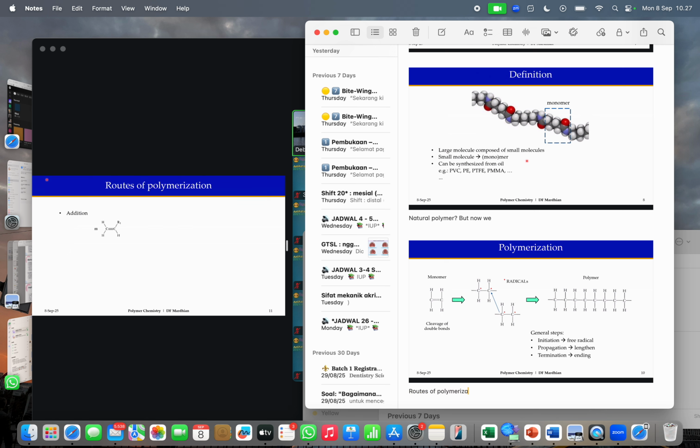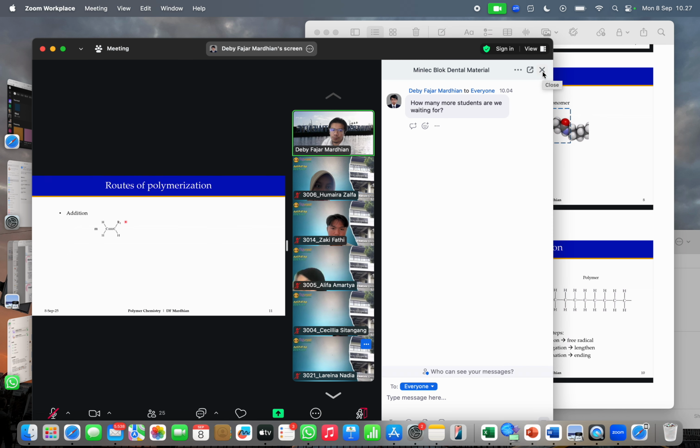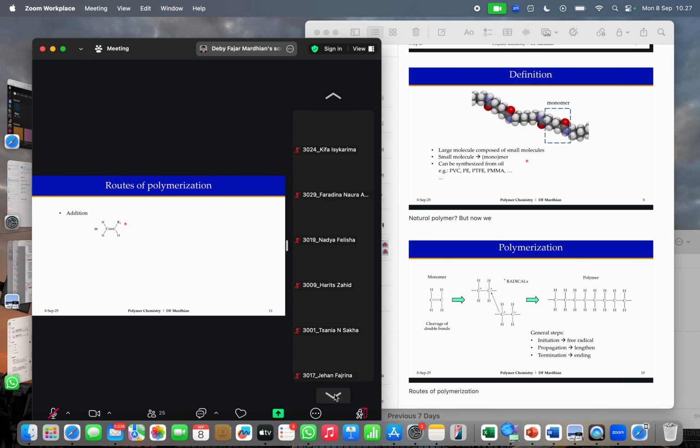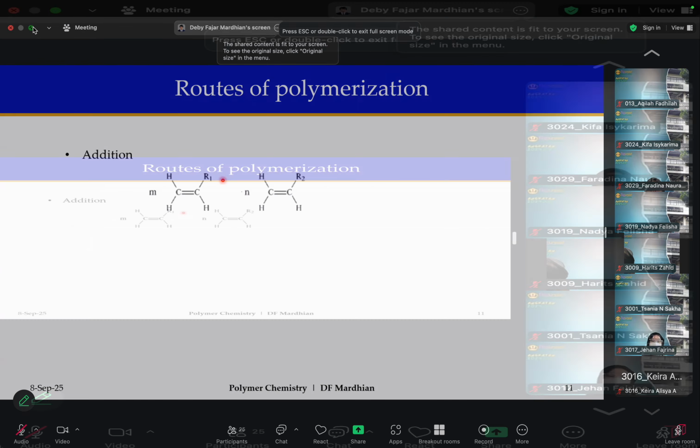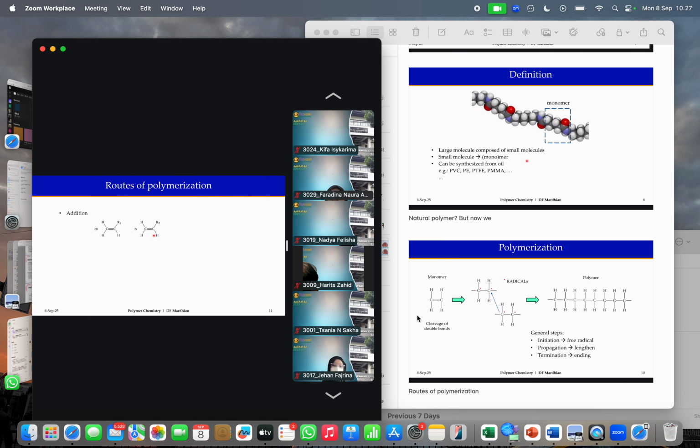When we have ethene with one moiety or functional group, the double bond will break, and a second polymer with very similar characteristics, which also has one double bond, will create a copolymer.